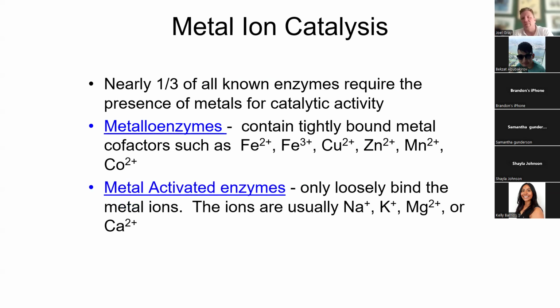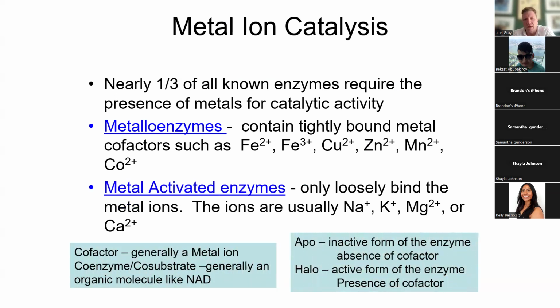So a metalloenzyme is going to have a tightly bound metal, one of these metals. There are also metal-activated enzymes, and they only loosely bind the ions. The ions are usually sodium, potassium, magnesium, or calcium.